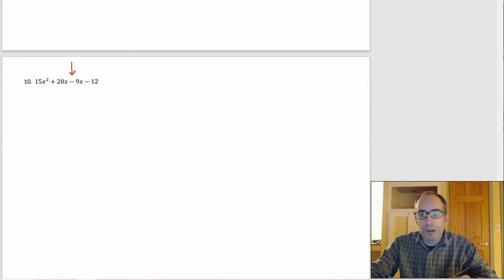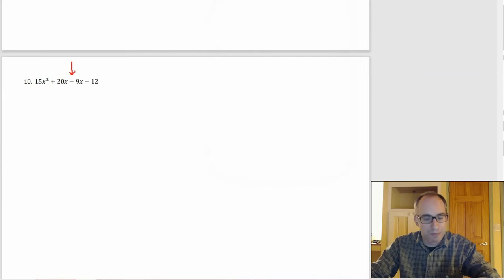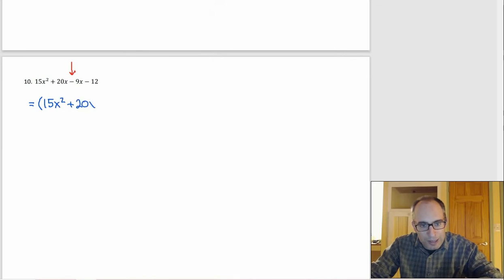Because what you're supposed to do with that, and this is really easy to forget, a really common mistake that I've certainly made before, is when you group these, you write this as 15x squared plus 20x, and then plus negative 9x minus 12.